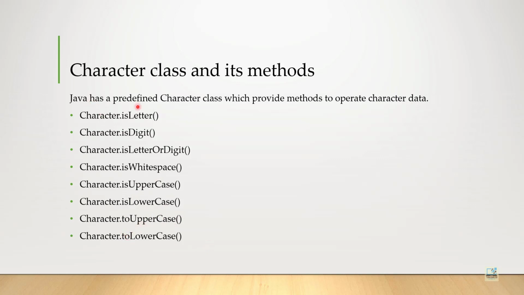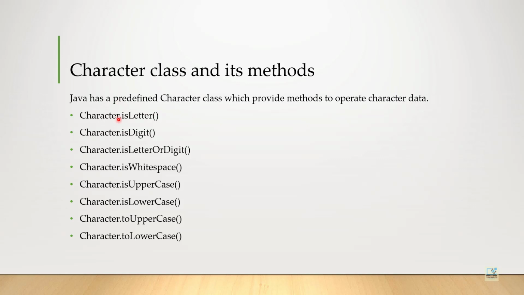All of these methods are used along with the class name. Character is the class name. How do we know it is a class? Because the C is capital. I already told you, any word beginning with a capital letter is a class. So Character is the class and these are the methods.